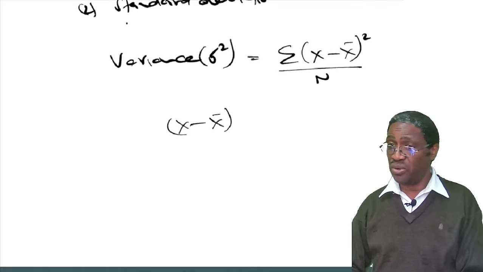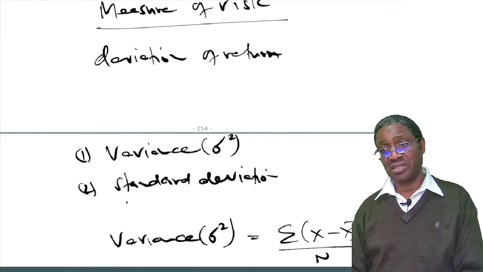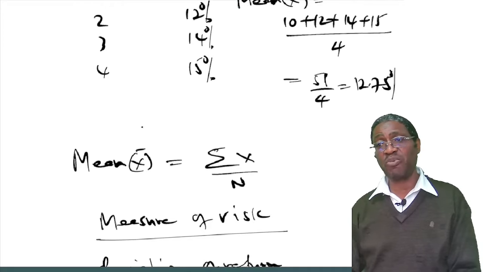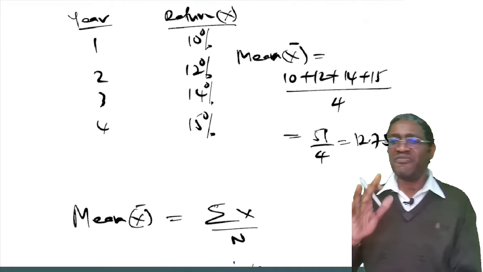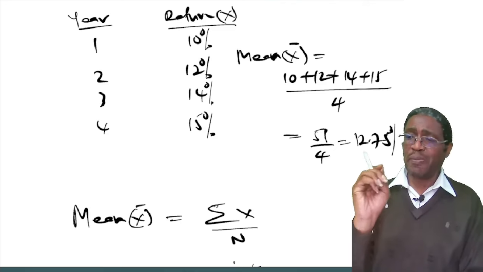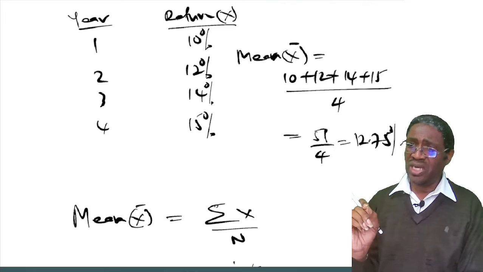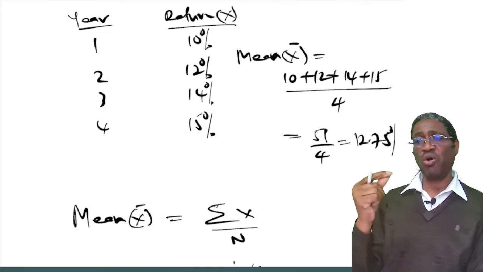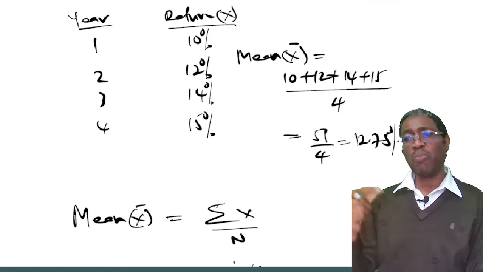Like for example, our average return was what? 12.75. That is the mean, sorry. The 10% I got in year 1 had a deviation of how much from the mean? It had a deviation of negative 2.75.